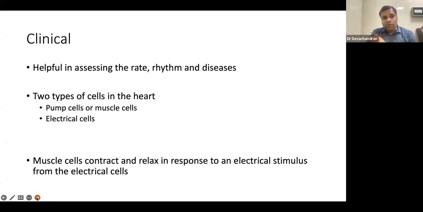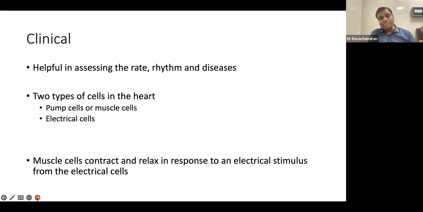So, this is what we were talking about. ECG is basically recording the electrical activity of the heart. If you remember your anatomy, I'm sure you all read the anatomy in your nursing course. There are 2 types of cells in the heart. The first group of cells are the muscle cells. The majority is the muscle cell, which are also called the pump cells.